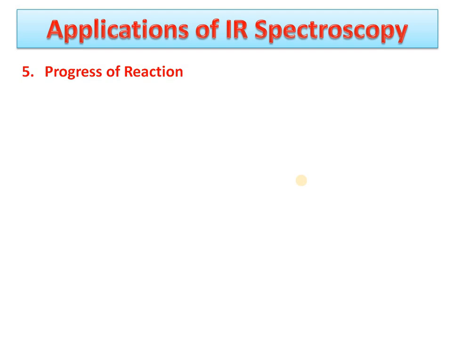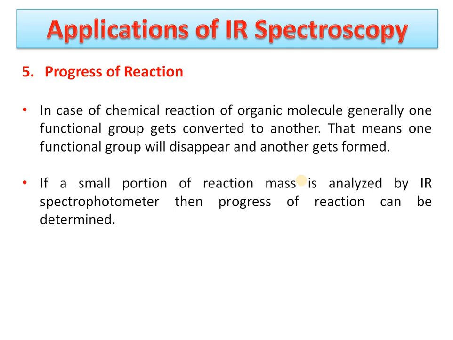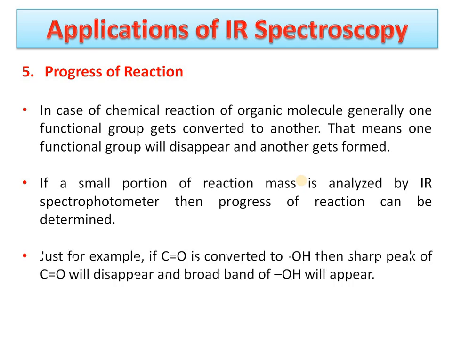The fifth application is progress of the reaction. IR spectroscopy can also be used to find out the rate of reaction. In case of a chemical reaction of an organic molecule, generally one functional group gets converted into another one. That means one functional group will disappear and another gets formed. If a small portion of the reaction mass is analyzed by IR spectrophotometer, then the progress of the reaction can be determined.